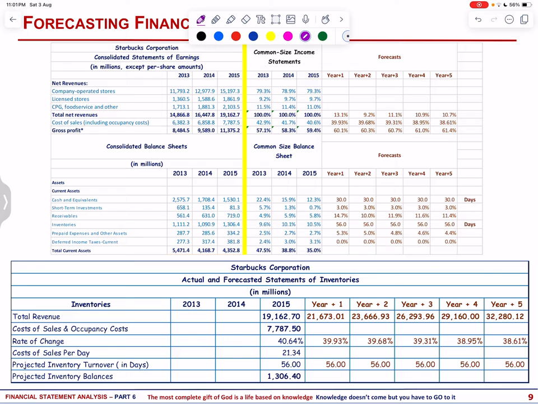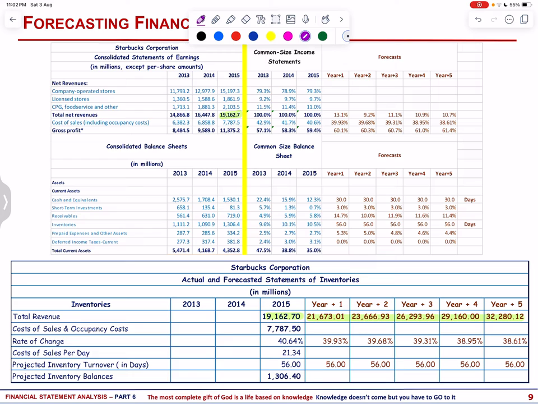Once again, the total revenue is 19162.7, and the projected total revenue we have already calculated in the previous slide, so I have simply copied those values from there.